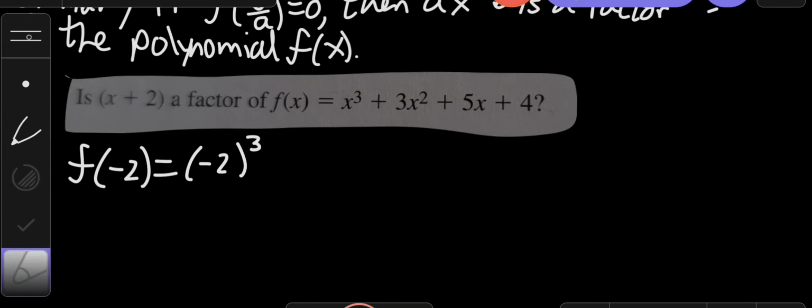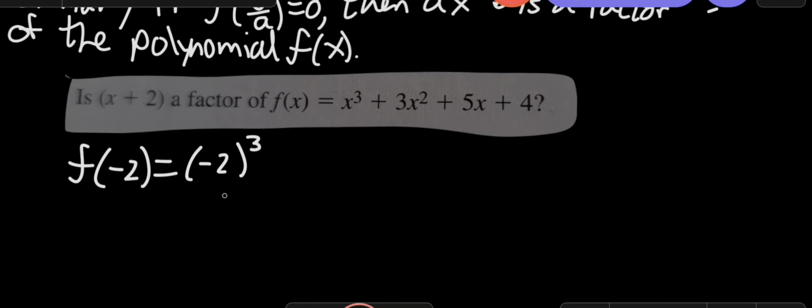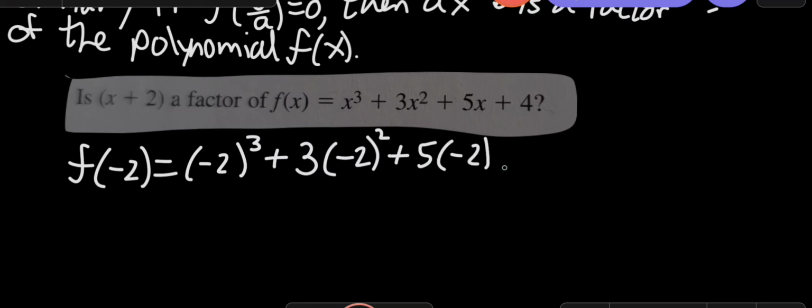So it's -2 all cubed, because you're not just cubing the 2, you're cubing the entire -2. So that's -2 cubed plus 3 times -2 squared plus 5 times -2 plus 4.